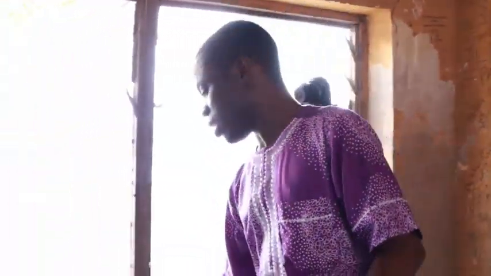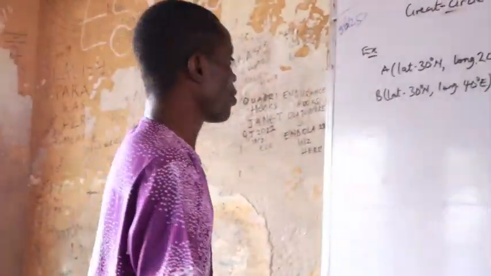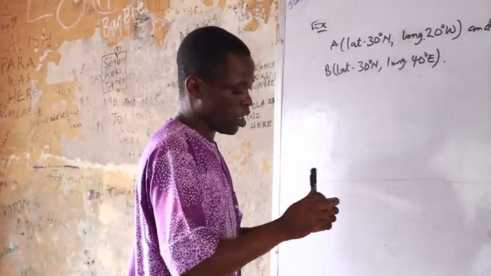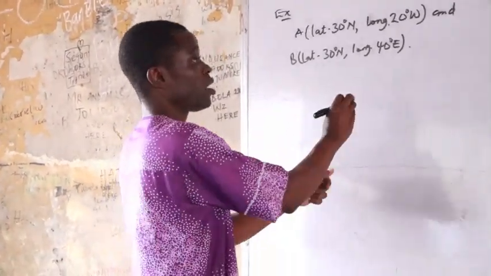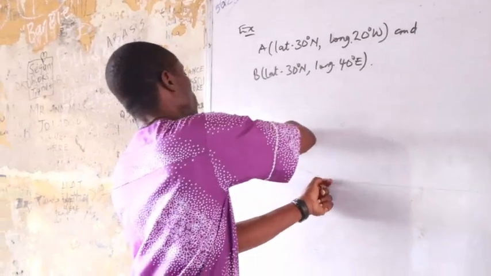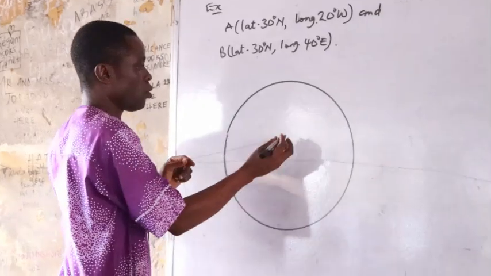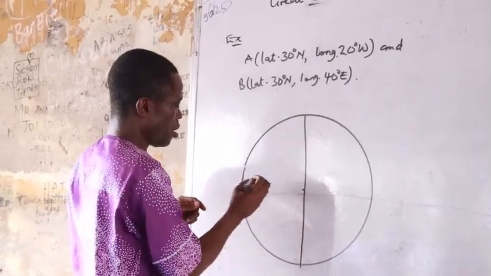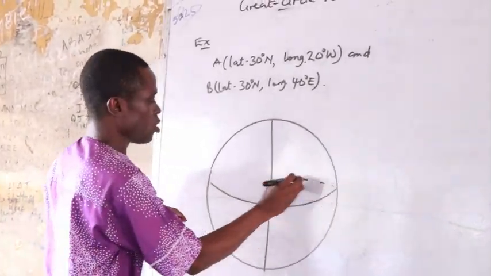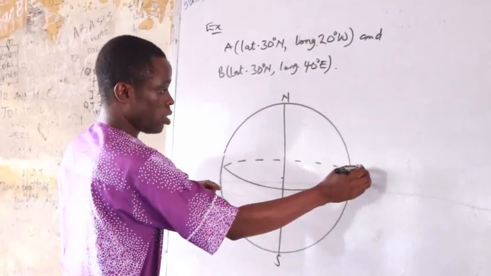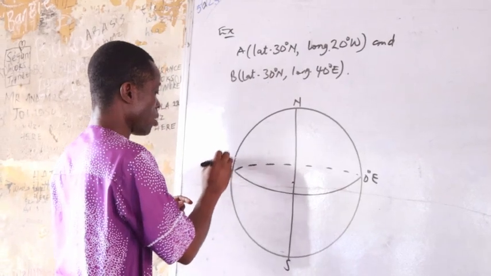Now, let me interpret this question. Please pay attention to this. This is the globe. Now we have this polar axis. This is the equator, north, south, 0 degree east, 0 degree west.